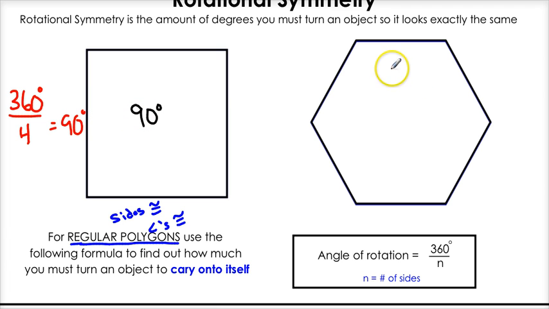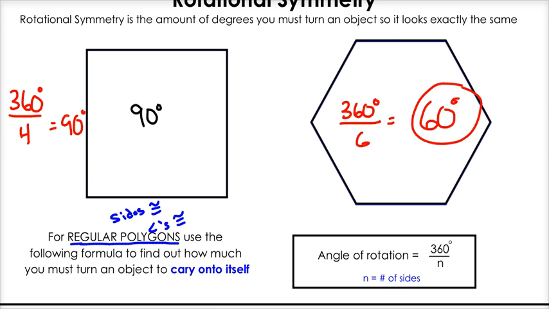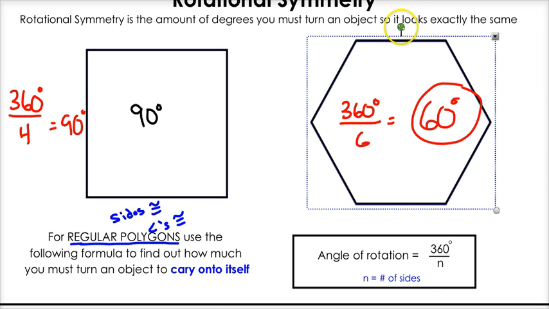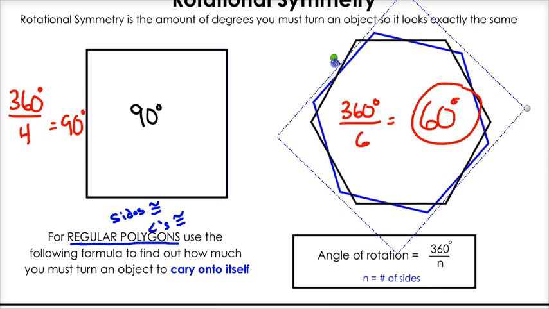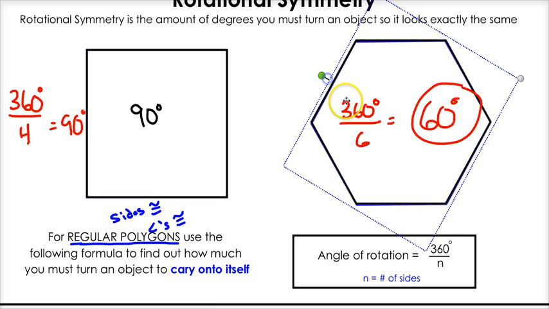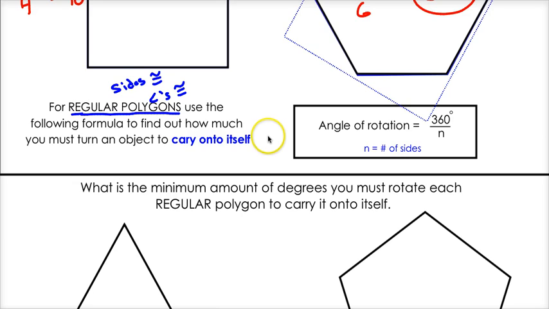In this case, we have a hexagon, right? So we take 360 and we divide by the amount of sides. It has 6 sides. So we know this has a rotational symmetry of 60 degrees. All right. So if I rotate this 60 degrees, then it carries on to itself. That is rotational symmetry. Let's try 2 more examples of this.